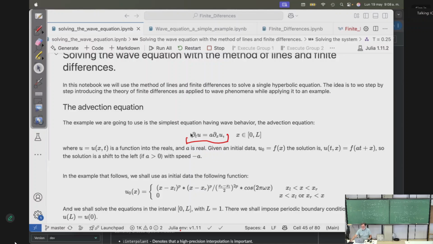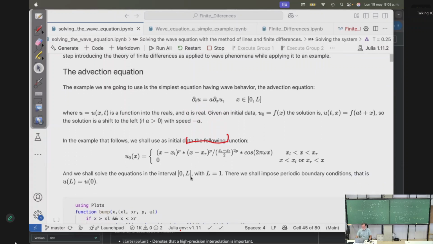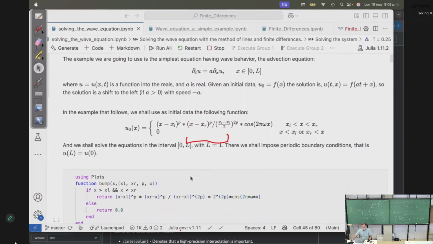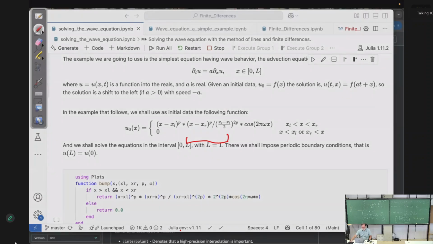Okay, so we are going to solve this equation, and we are going to put an initial data which is very appropriate to check the properties of the solution. This is data of compact support, so it is zero outside some region, and then it is a polynomial here. It is not perfectly smooth, but there is a jump in some derivative.